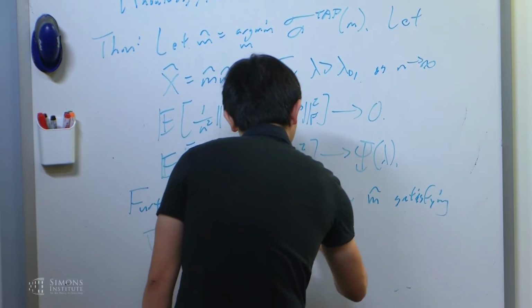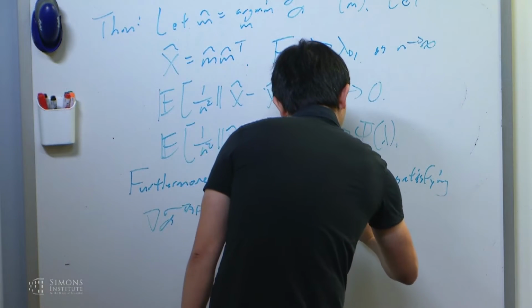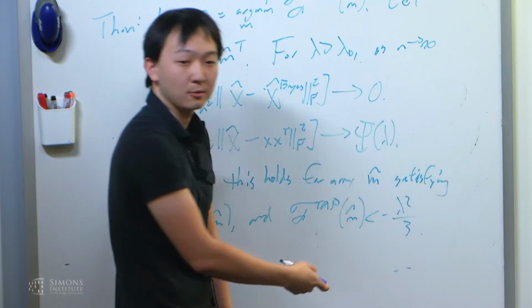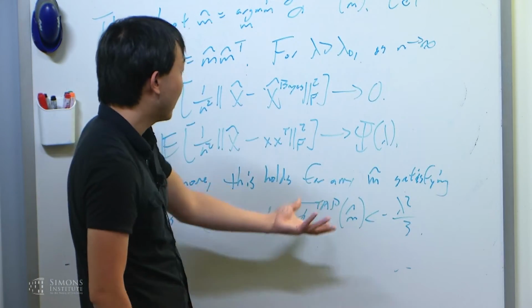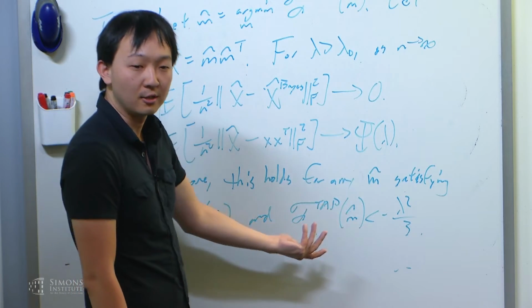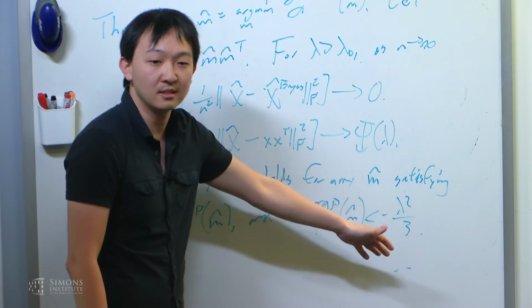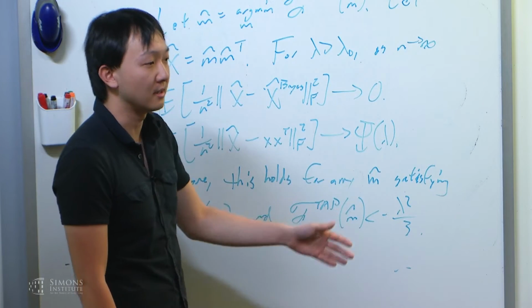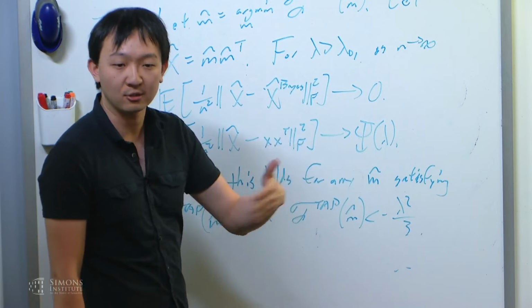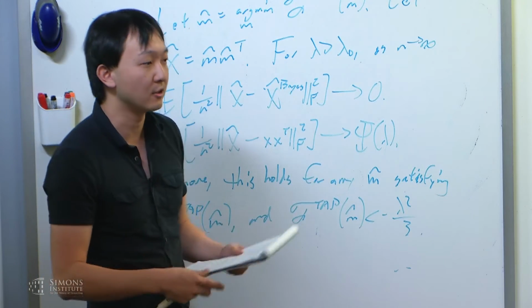That is, the value of this TAP energy at m hat is less than a certain constant, for which we give a bound of negative lambda squared. You can check that if lambda is big enough and you do some kind of spectral initialization, you're going to fall in a region of the energy that's less than this. And what this suggests is that if you run gradient descent from there, it should probably converge to m hat, although we don't do an actual numerical analysis of the convergence of gradient descent.